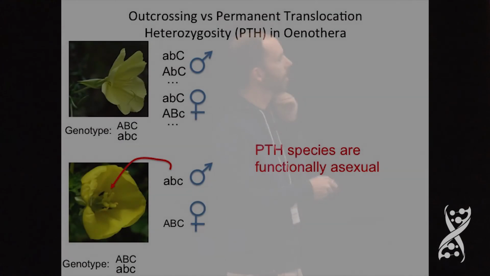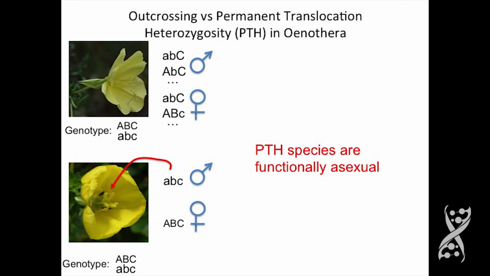Okay, so what do I mean by effectively asexual? So in the sexual evening primrose, we have normal segregation. So if A, B, and C are different chromosomes, in the pollen and ovules we have normal segregation of these chromosomes. You can get different combinations in the progeny.